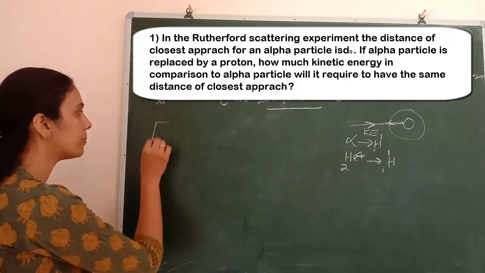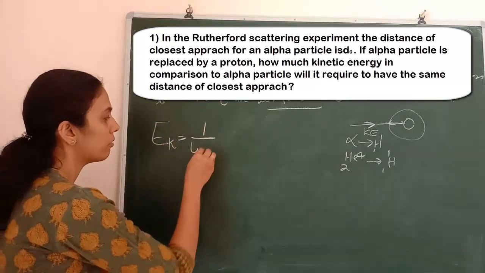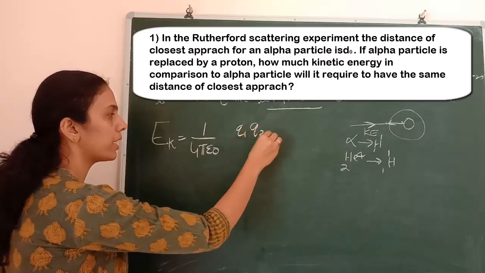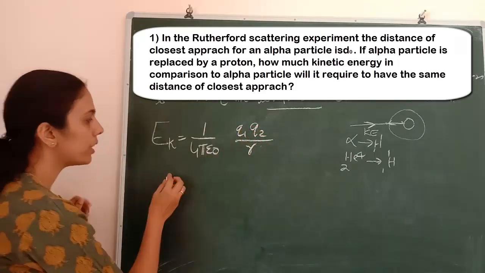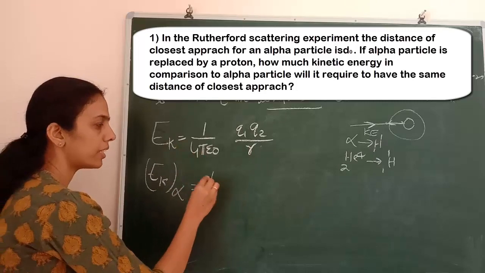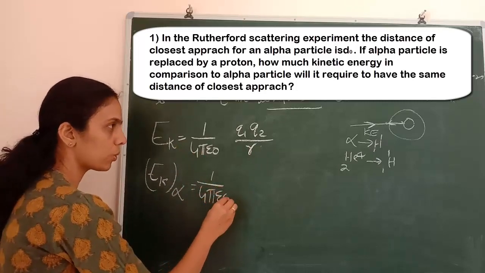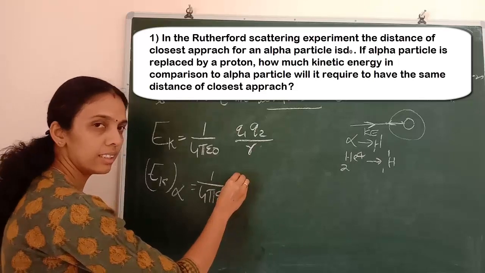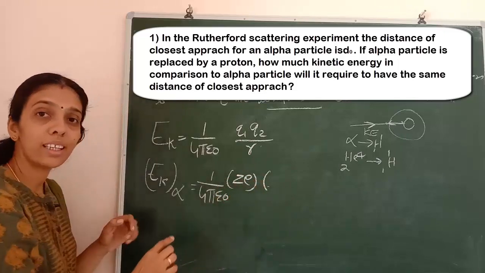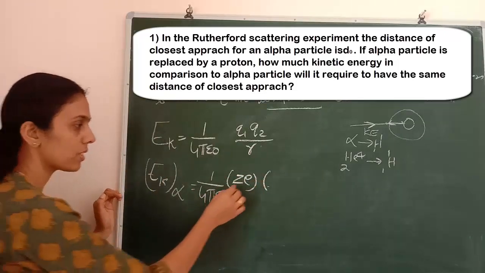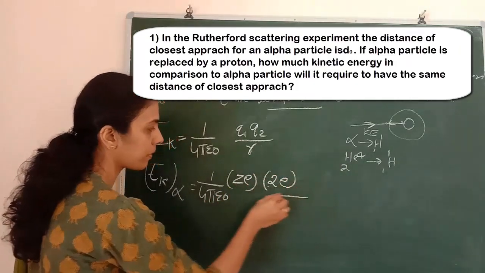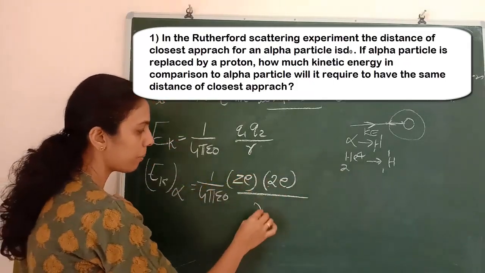Ek equals 1 by 4 pi epsilon 0 into charge Q1 Q2 divided by R. For the alpha particle, it is 1 by 4 pi epsilon 0 into Ze, since we don't know which atom we are approaching, into the charge of He 2 4, which is 2e, divided by R.